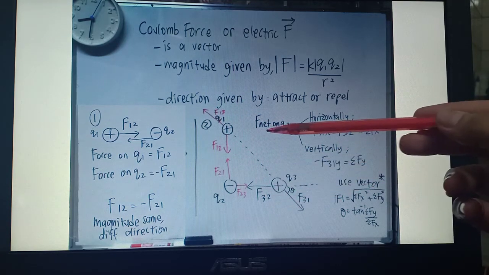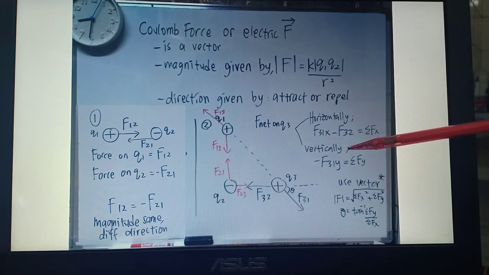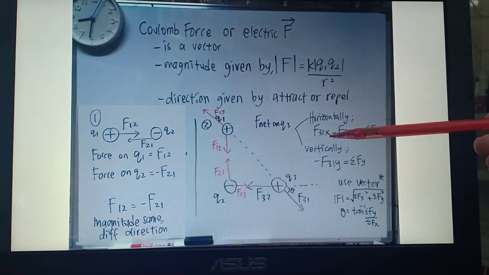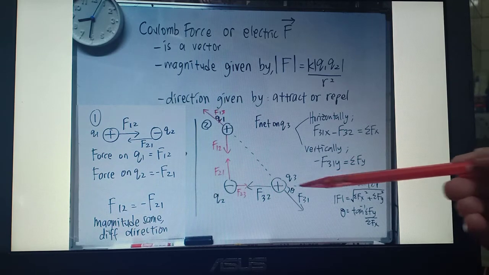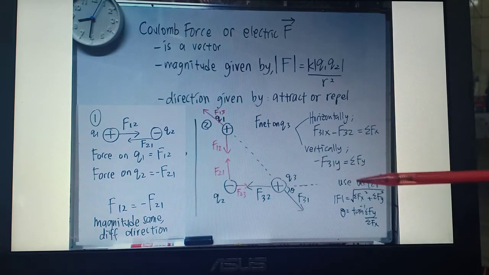To find the net force on Q3, you need to resolve it into horizontal and vertical calculations. The summation along the x-axis gives F31x minus F32, because F31x is in this direction while F32 is in the negative direction.